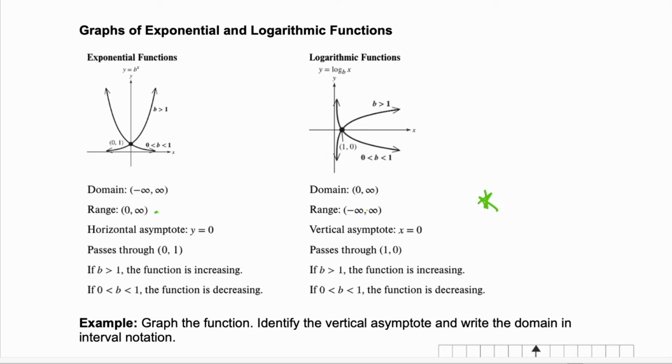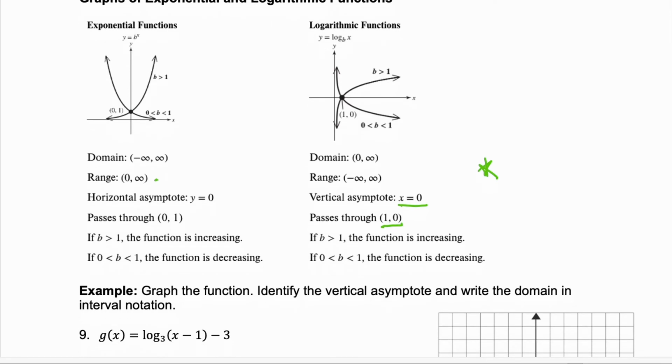The range of our log function is all real numbers. It has a vertical asymptote. They pass through the point (1, 0), and our base needs to be greater than 1 for an increasing function, and it's between 0 and 1 for a decreasing function.